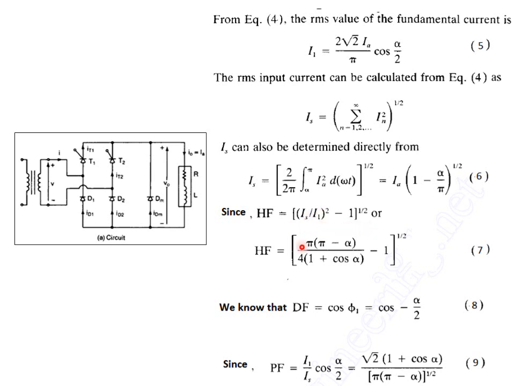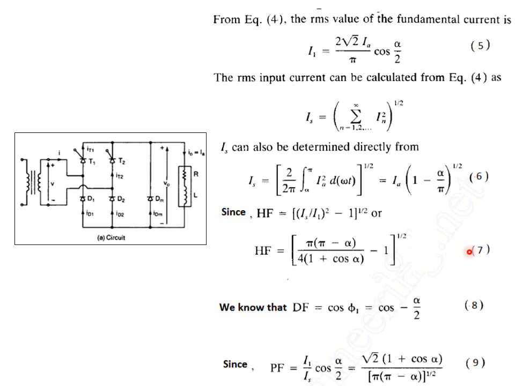Substituting Is and I1, I get HF equal to the square root of pi times (pi minus alpha) upon 4 times (1 plus cos alpha), minus 1, under the root sign.